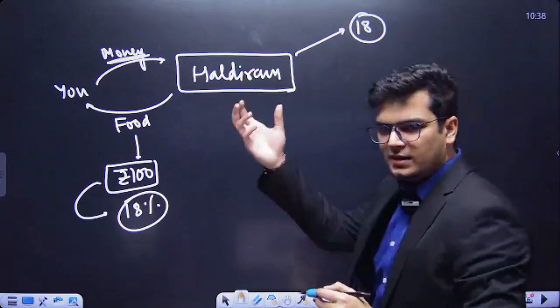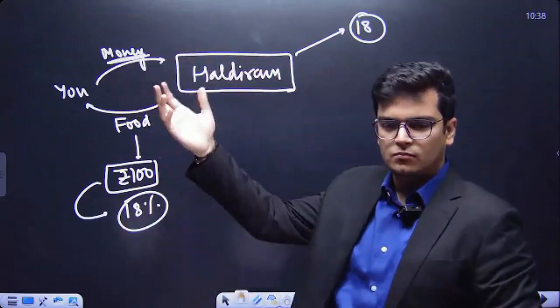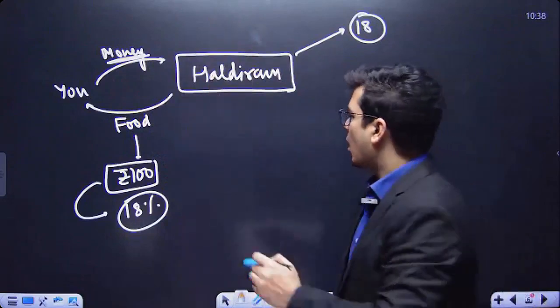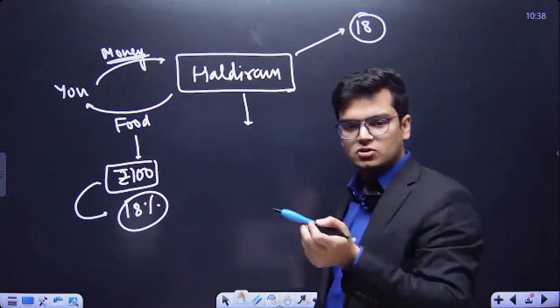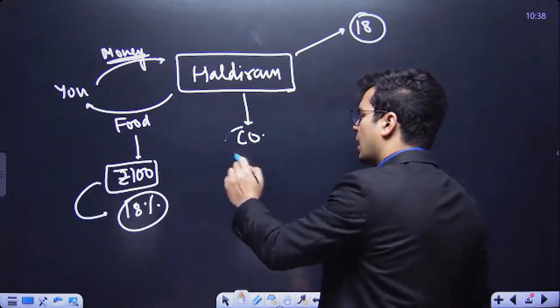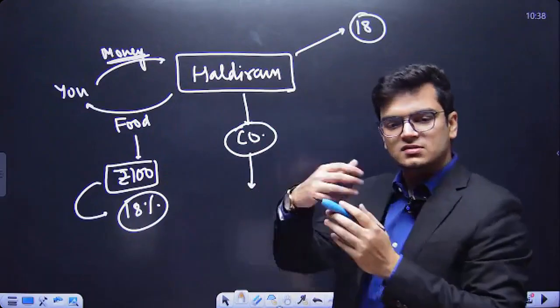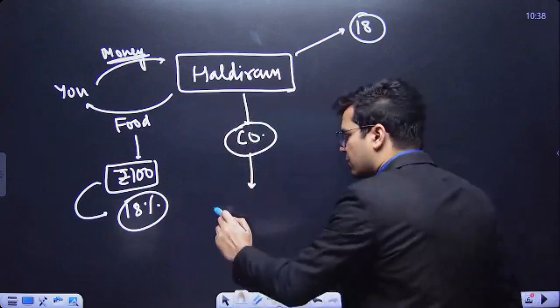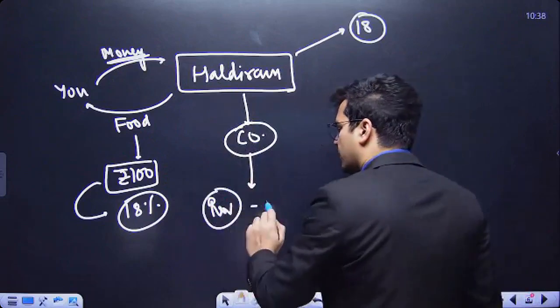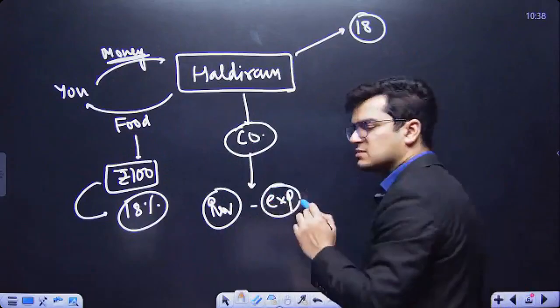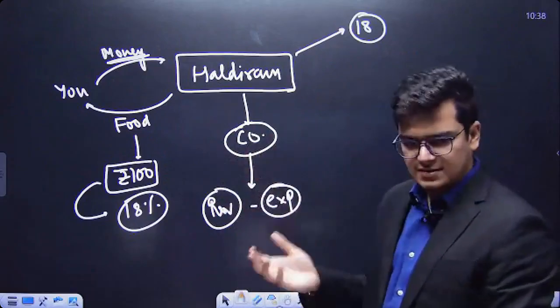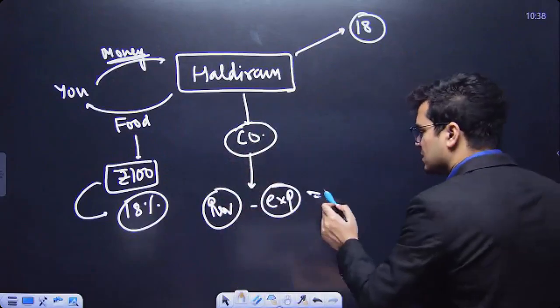Now, Haldiram sells food throughout the year. Haldiram is also a company. They will have certain selling that they have done throughout the year. That will be their revenue. They will have certain expenditures, salaries, interest, rent, etc. Whatever is left is the profit of Haldiram.